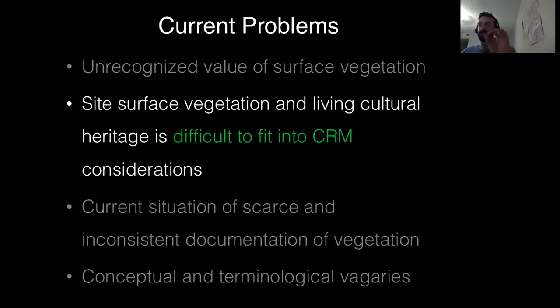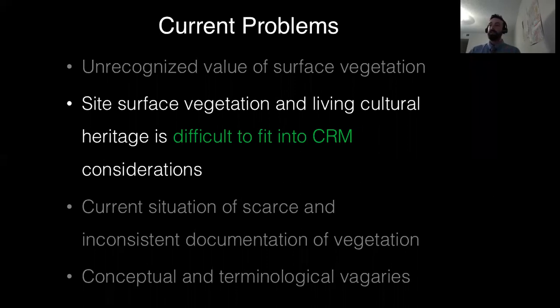But there are exceptions to the consideration of surface vegetation in the context of archaeology. I'm talking about peeled trees or culturally modified trees. There are also NPS bulletins on traditional cultural places and rural landscapes that both mention how vegetation could be contributing elements and be of archaeological and cultural relevance.